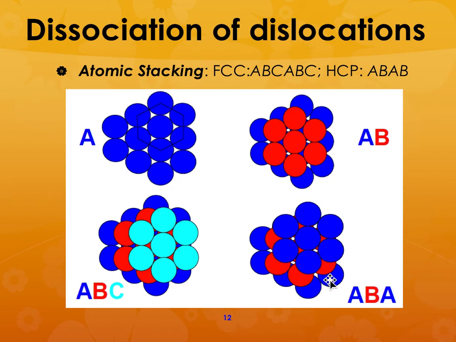Then the third one again falls right on top of the first layer, which means that it is an AB type of structure. Depending upon that, you can calculate the amount of force that is required for you to move these atom planes.